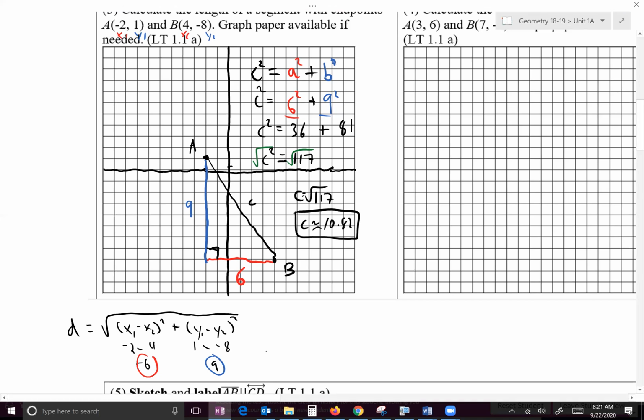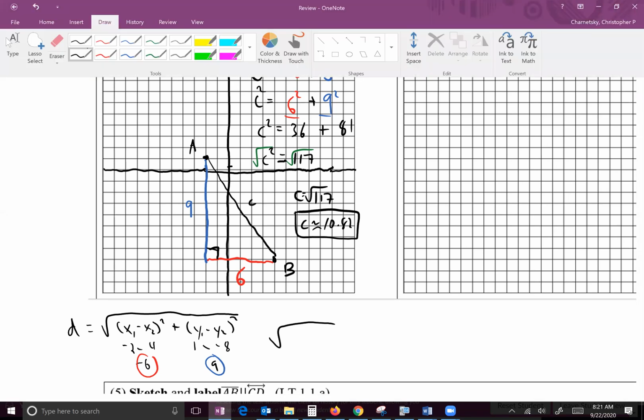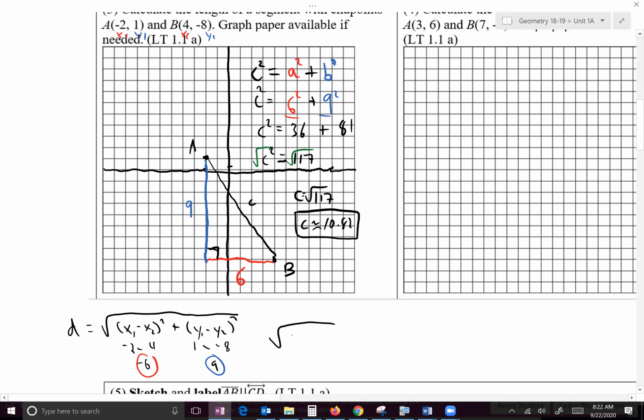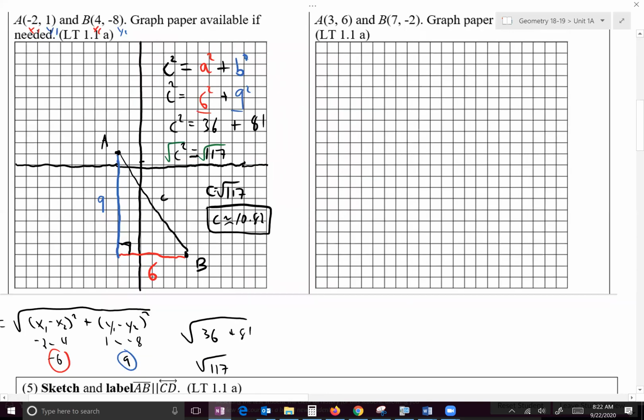We keep going here. -6 squared is going to be -6 times -6, which would be positive 36 plus 81, which is going to still come out to be a square root of 117. So both ways it works, but I like the Pythagorean theorem way better.